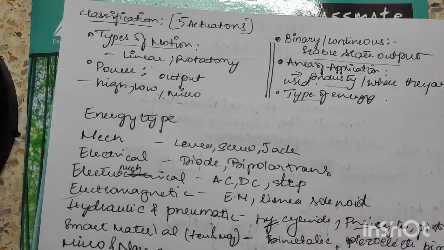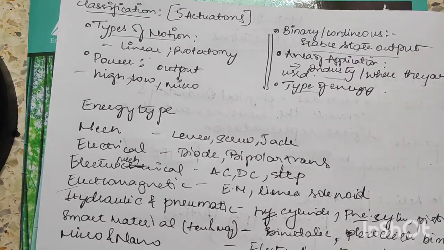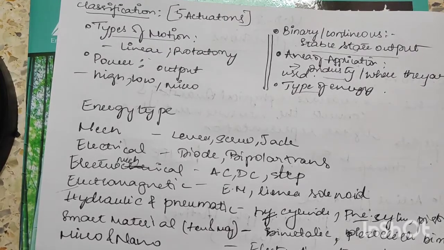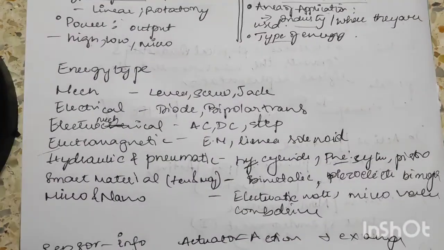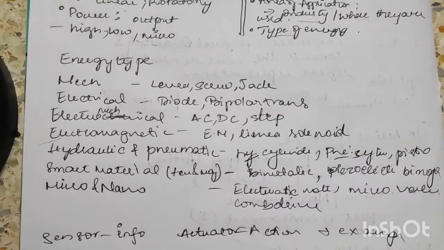Type of energies. So actuators are mainly classified based on the energy type. Mechanical energy: you use screws, levers, or jacks. Electrical energy: these are diodes, bipolar transistors.